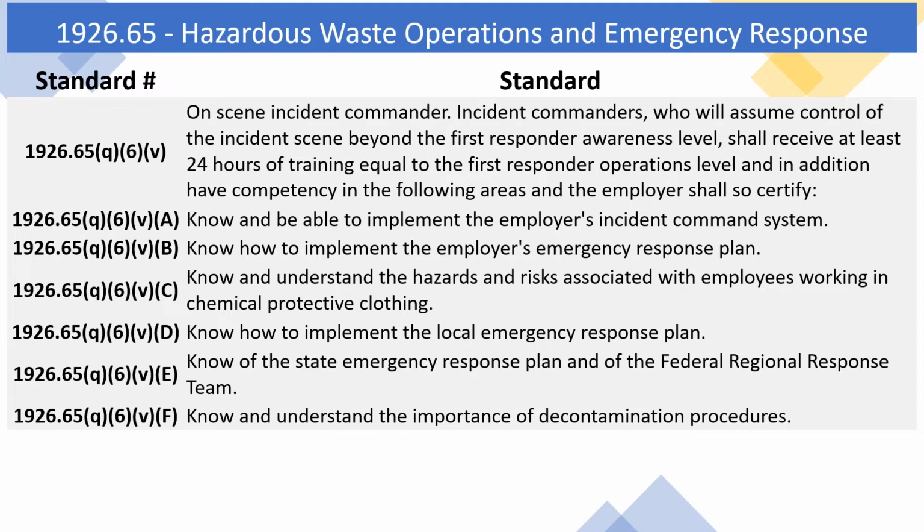V D. Know how to implement the local emergency response plan. V E. Know of the state emergency response plan and of the federal regional response team. V F. Know and understand the importance of decontamination procedures.